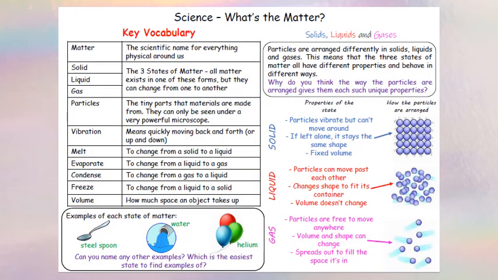The next unit of study will be all about the different states of matter that exist. These are solids, liquids, and gases. We will learn the properties of each state and how the particles within are arranged, describing them using scientific vocabulary.